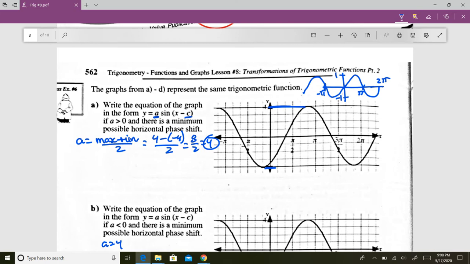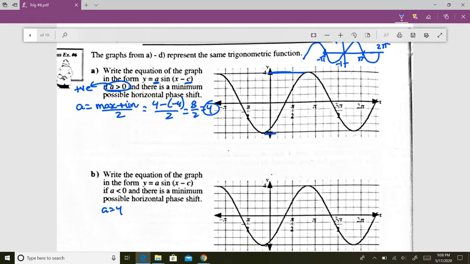Okay, it's the C value that changes depending on what type of graph you're doing, sine or cosine, and whether you want A to be positive or negative. In this case, we want A to be positive, all right? Which means we have not done a reflection, which is good.